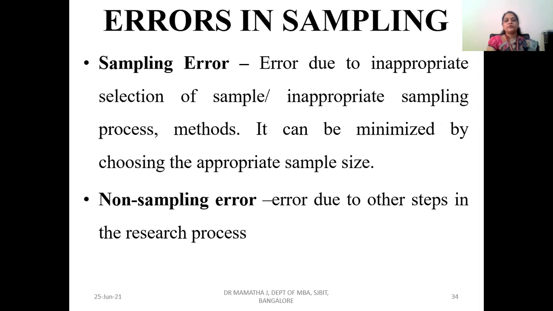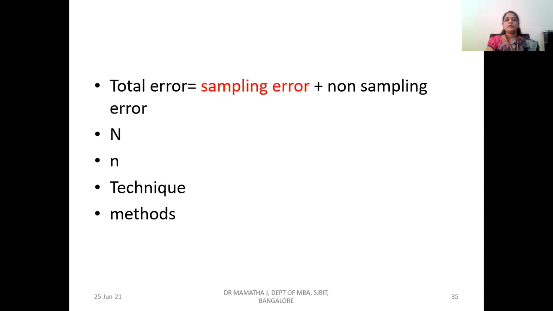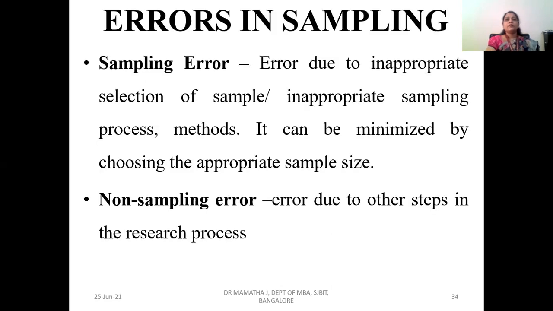There are two types of error. Usually in a research process, there is an error called total error. Your sampling error plus non-sampling error together make the total error. Whenever an error occurs during the sampling process, that kind of error is called sampling error.